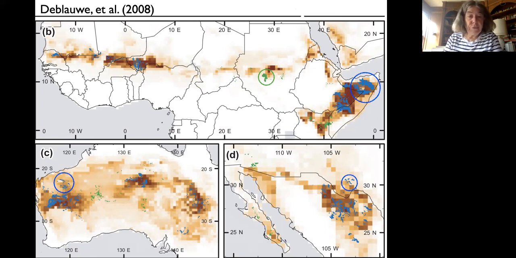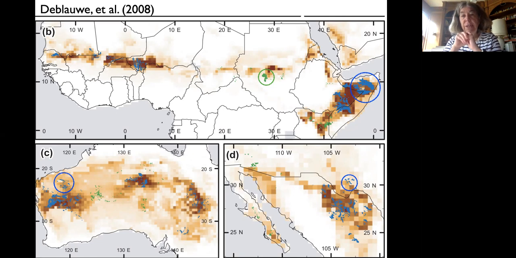And hopefully you can see this, that they have the brown on these. So it's showing this region in Africa, Australia, and North America. And the blue splotches are places that were already reported in the literature, and the green ones were new ones that they discovered as a result of their investigation.